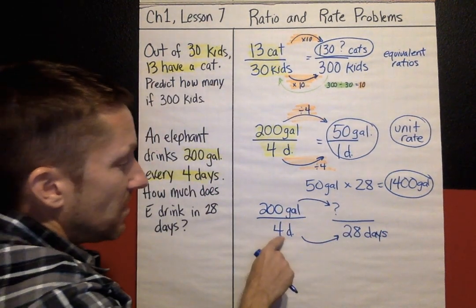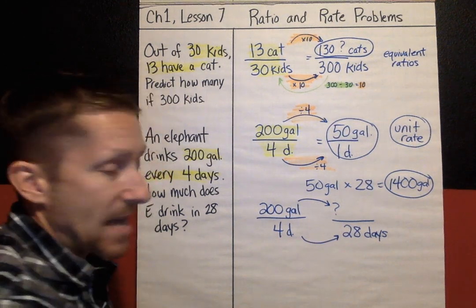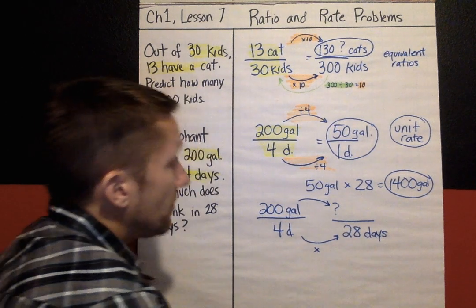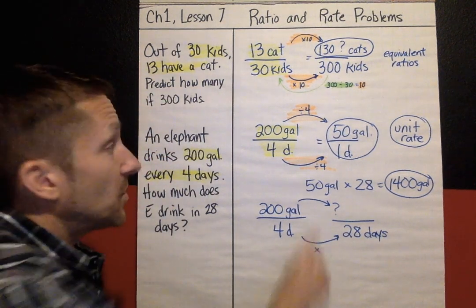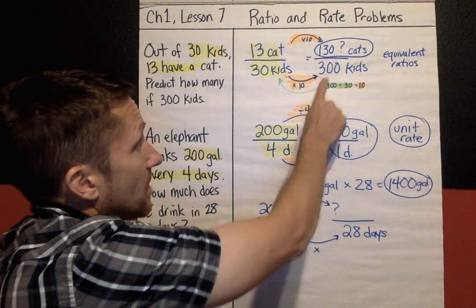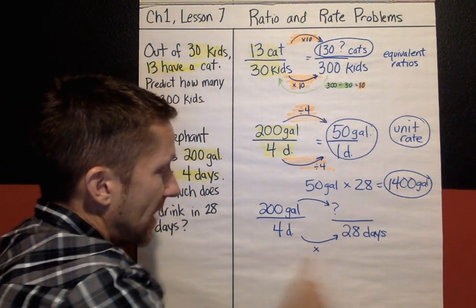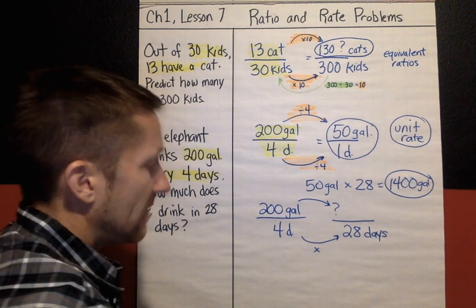Many of you might see it. 4 times what gets you to 28? If you know that number, you've got it. If you don't, remember the strategy I taught you right here is this number divided by this number. If you do 28 divided by 4, you get 7.